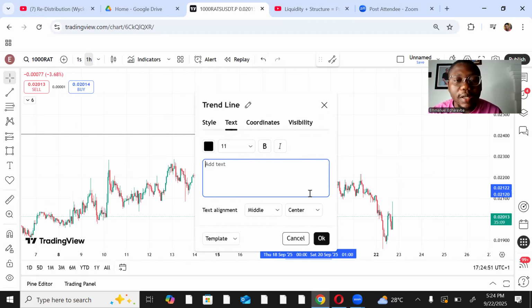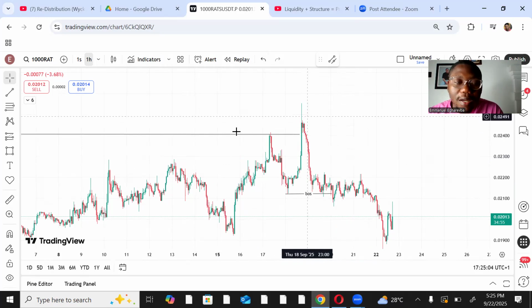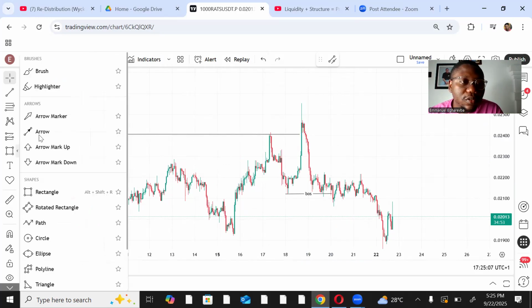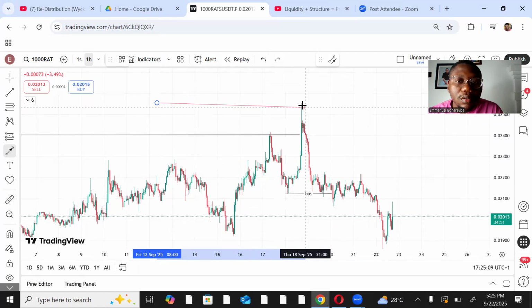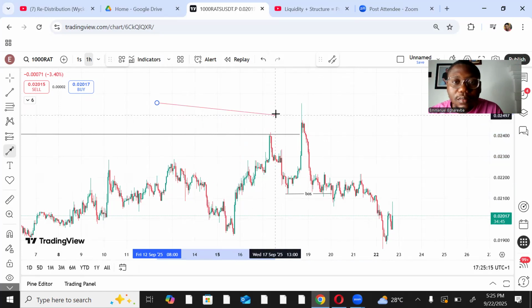So we're going to put here BOS. We'll put here break of structure. And look at the impulsive move. Look at this. Impulsive move to the downside. Right? Impulsive move to the downside.